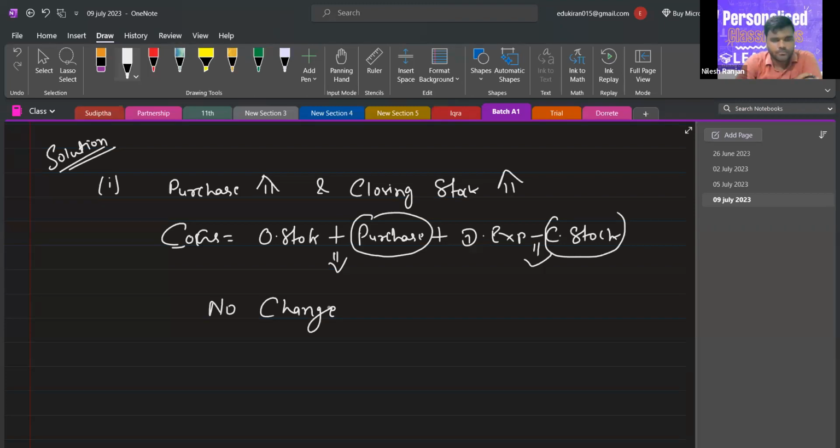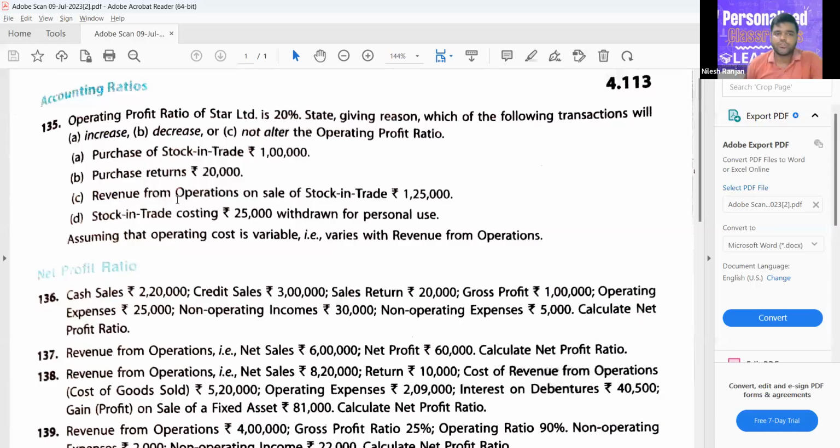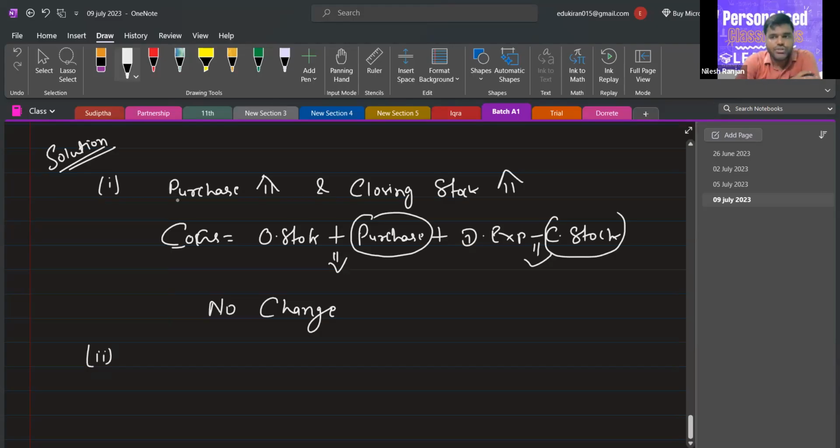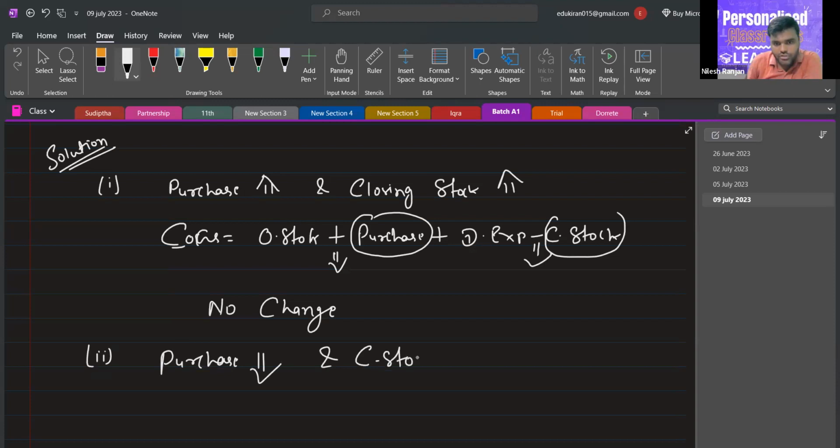Yes, sir. Okay. Now the second is purchase return of 20,000. Now in this case, purchase will decrease and closing stock will also decrease.